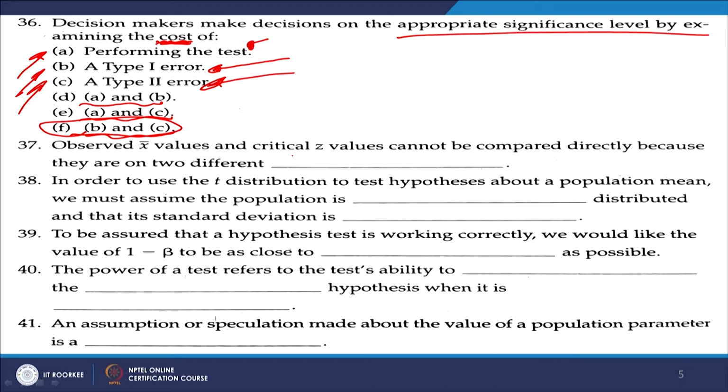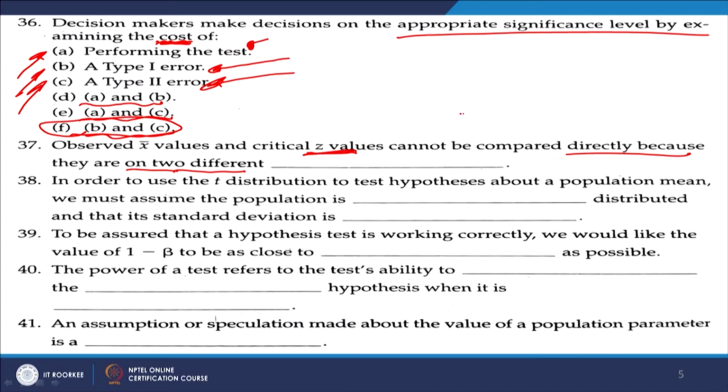Observed mean value and critical Z values cannot be compared directly because they are on two different what? Observed X values and critical Z values cannot be compared directly. Generally, what do we compare? We compare the calculated Z value with the critical values, is it not?